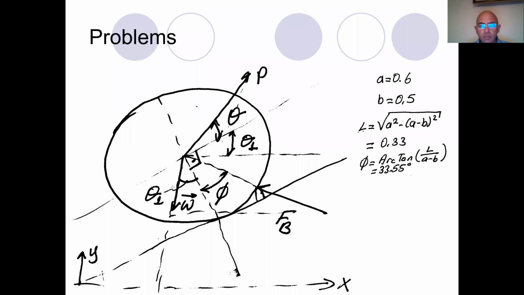As a result, I need this component of W. Now remember that this angle is θ1 and this angle is phi. Therefore, this component of the W is W multiplied by sine θ1 plus phi multiplied by the radius, and remember that the radius is a.